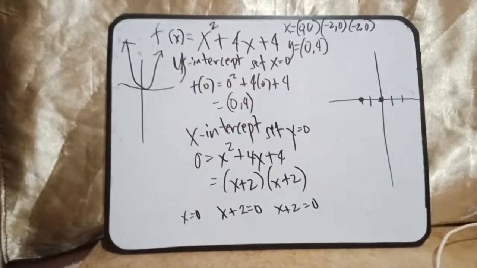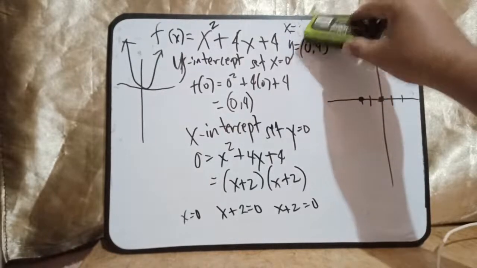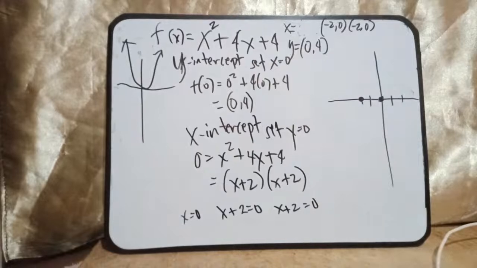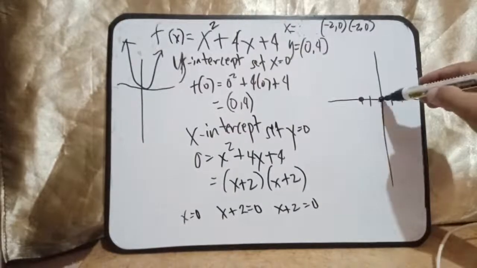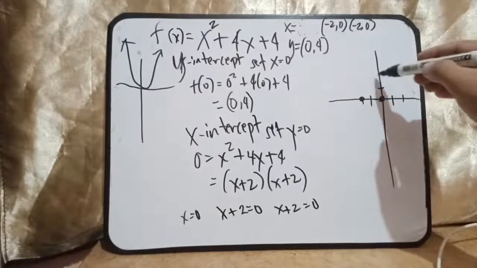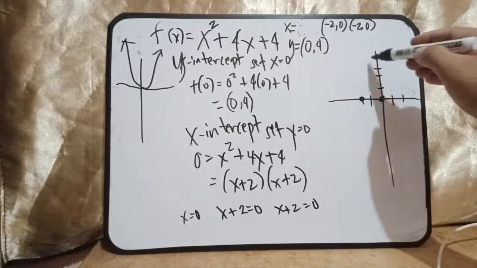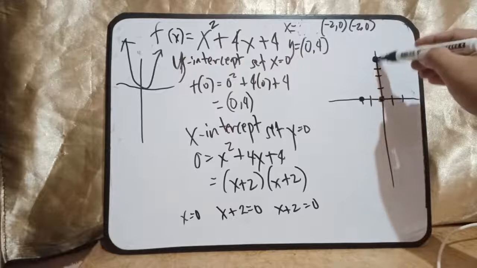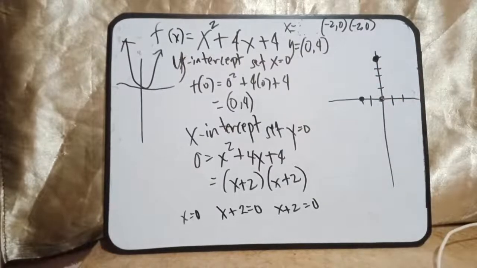Wala tong 0 eh. So, this is the center. Wala tong point ha. So, 1, 2, 3, 4. Assuming that 4 dito. So yan yung y natin.